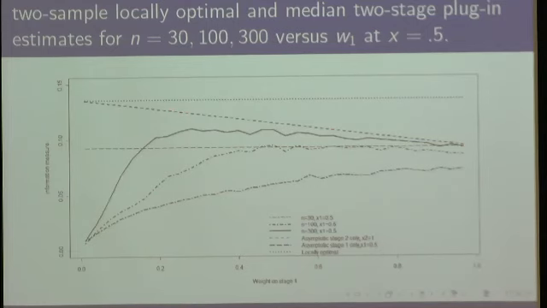The three kind of wiggly lines, which I haven't figured out how to get smooth yet, maybe not enough simulations, reflect three different sample sizes where we're doing the adaptive design. So we have a really small adaptive design where you almost have no patients on stage 1, then 100 and 300. So the small sample doesn't do very well at all.